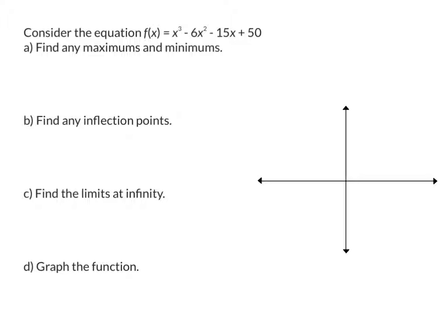To find maxes and mins, we find our critical points, and our critical points can be found by doing our first derivative. So our first derivative, we get 3x squared minus 12x minus 15. And our critical points will occur where that is equal to 0.